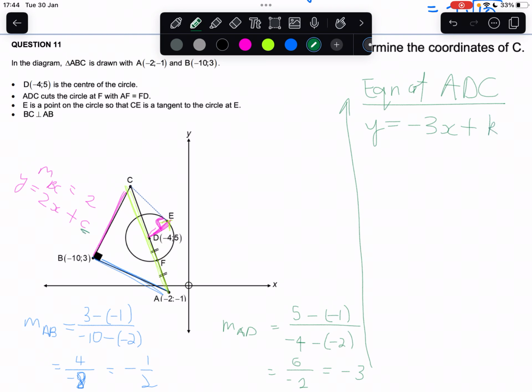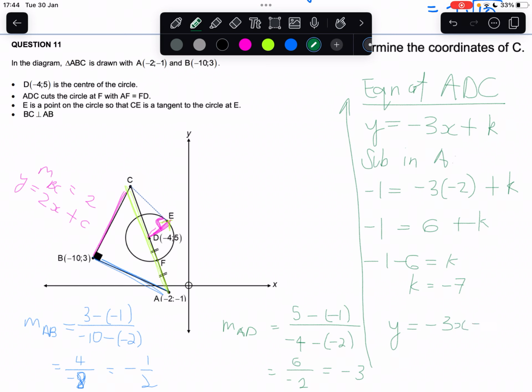I don't want to use C again because I've used it there, so let's call it k. We can sub in one of the points, let's sub in A. So negative 1 equals negative 3 times negative 2 plus k. So negative 1 equals 6 plus k, and negative 1 minus 6 equals k. So k is negative 7. So the equation is y equals negative 3x minus 7. Okay, so we now know that.